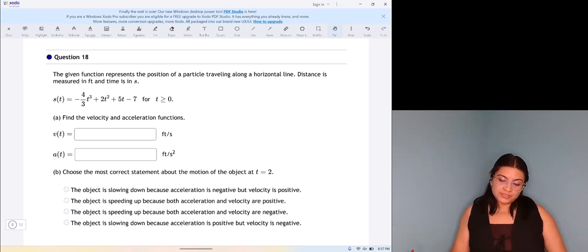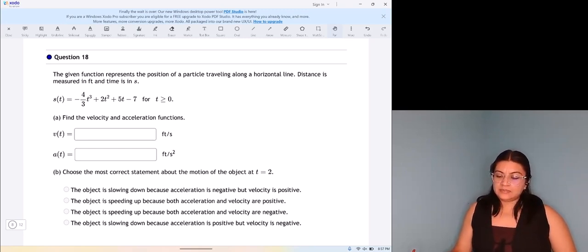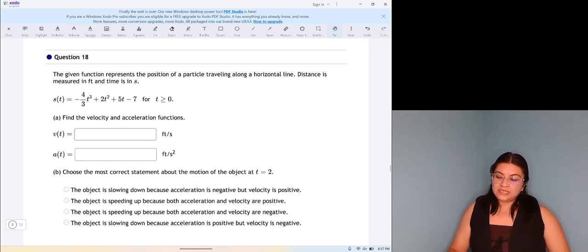The given function represents the position of a particle traveling along a horizontal line. Distance is measured in feet and time is in seconds. So here we have a polynomial. This is a cubic for t greater than or equal to 0. The first question, it says, find the velocity and the acceleration functions. Velocity is the first derivative.